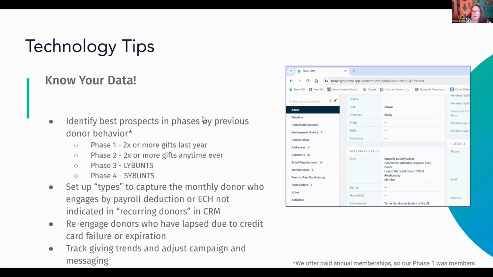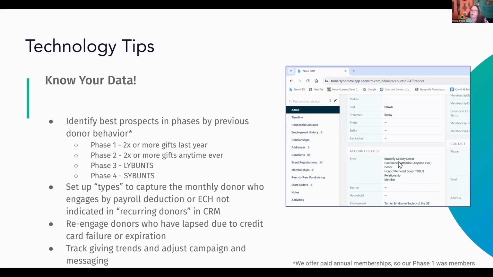So if you look on this screen here under account details, you can set up any relationships, any types here. Ours is really, really deep because we have a lot of different relationships that we want to know about. The first one here, this is actually my account, so I'm not showing anybody's info, and this says Butterfly Society donor.